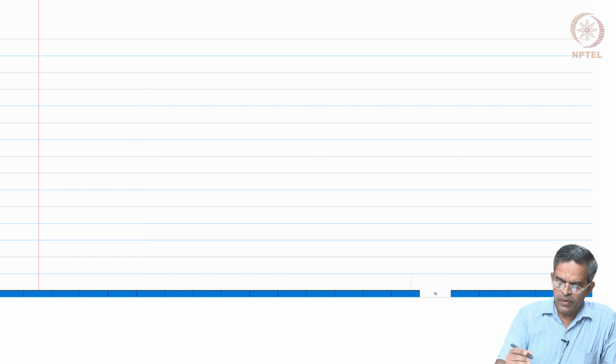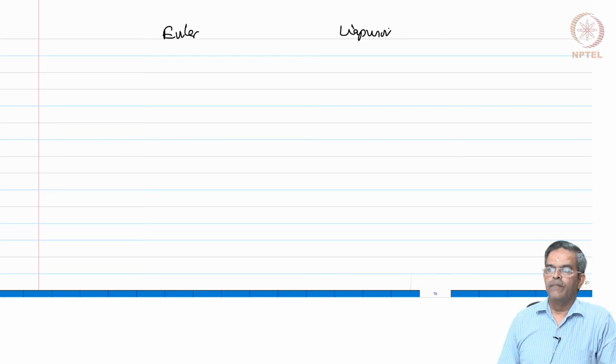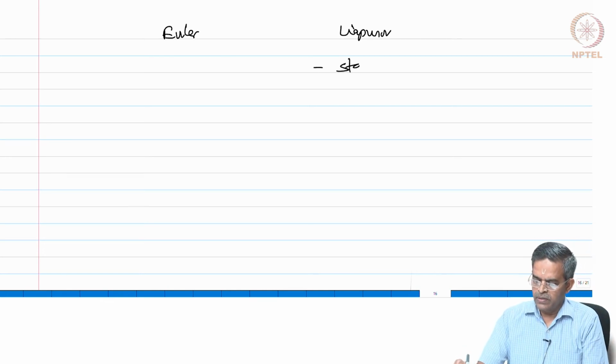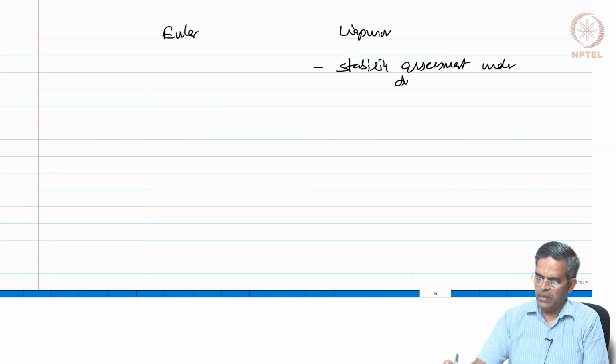So, let us quickly compare Euler and Lyapunov. Lyapunov's is stability assessment under dynamic loads.